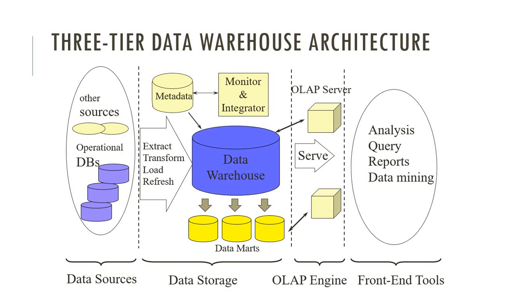The third tier consists of reporting, analysis and visualizing tools, which receive the knowledge from the middle tier or the OLAP servers and convert that knowledge into charts, graphs, or reports. So this is all the process of the three-tier architecture of data warehouse.